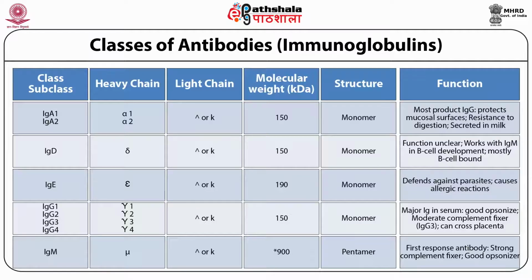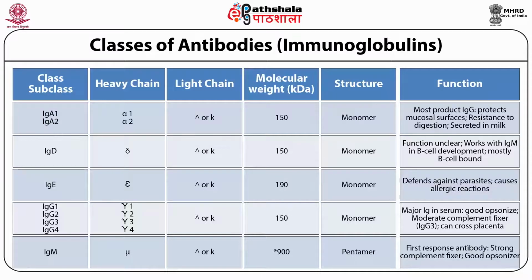This is followed by the IgG molecule, which has a longer half-life, around 15 days. If you look at the different subtypes of IgG, you have IgG1, IgG2, IgG3, IgG4. These different subclasses have different biological properties, and some antibodies fix complement much better and opsonize much better.